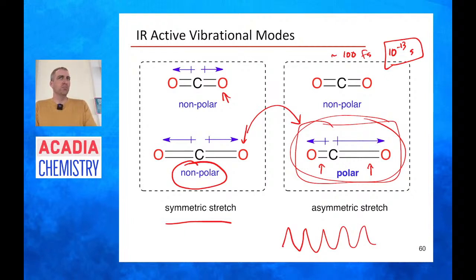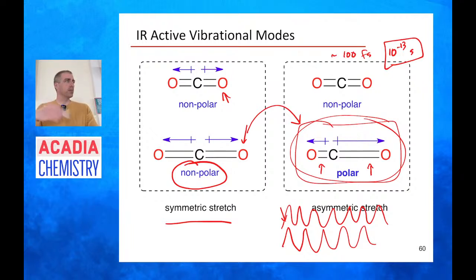This is conceptually the most difficult concept in the course, putting together the idea of vibrations with the idea of polarity and recognizing that, as a molecule is in this asymmetric stretch back and forth, the polarity is vibrating back and forth. Remember we said that light was a wave as well? It's when the light wave frequency exactly matches the vibration frequency that absorption can happen.